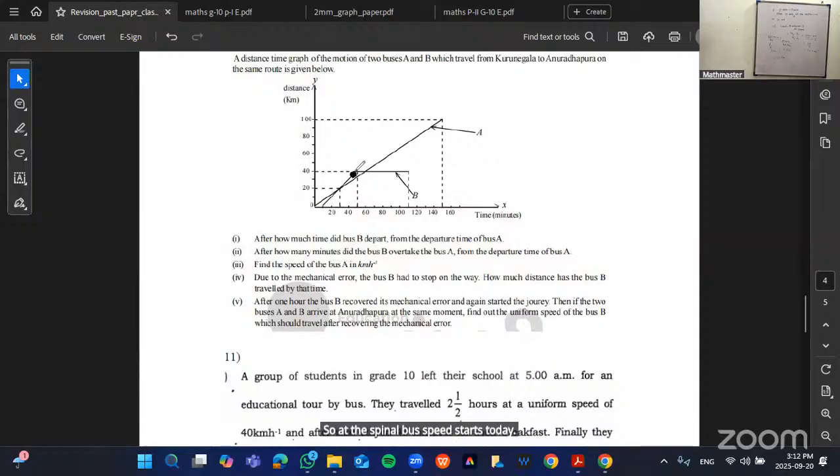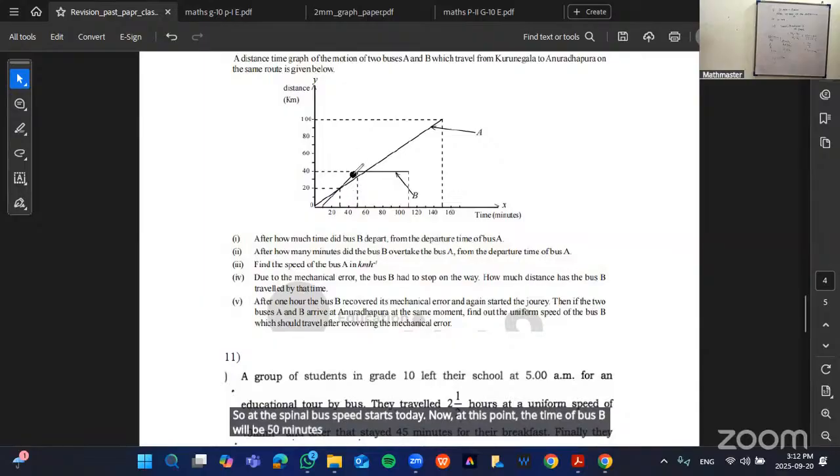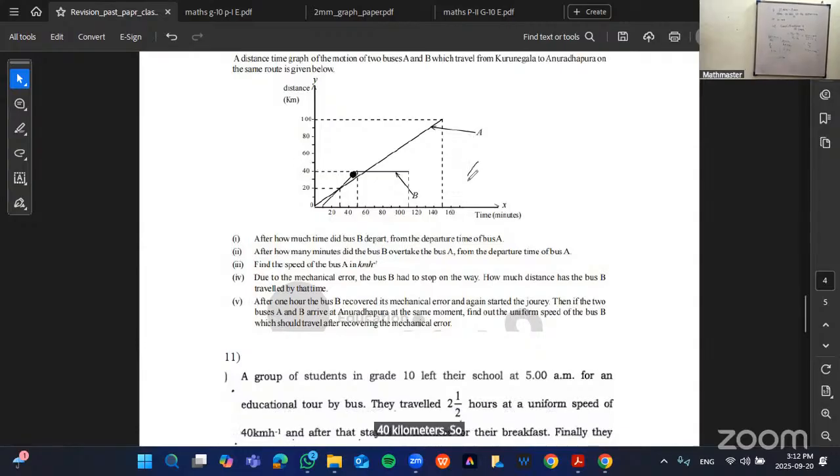Now at this point the time of bus B will be 50 minutes. And at that time bus B had already traveled 40 kilometers. So when bus B had traveled 40 kilometers, it started to break.